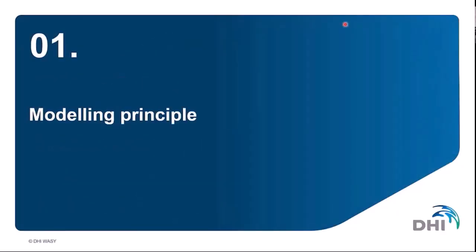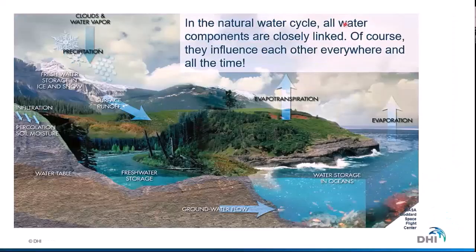So what is the modeling principle? Probably everyone here knows it. This is the picture of the schematic view of the hydrological cycle. We have precipitation coming in, turning into surface runoff or infiltrating, becoming surface water in lakes or rivers, and discharging towards the ocean as groundwater or surface flow. The big thing is that all these processes are highly interlinked.